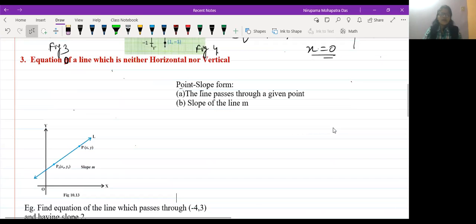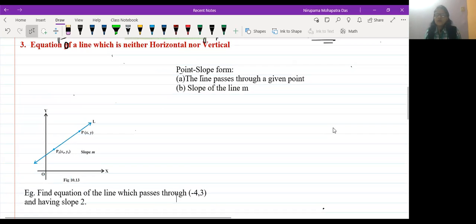Now next, if the line is neither horizontal nor vertical, it means the position of the line is like this: it makes an angle with the x-axis which is neither 0, nor 90 degrees, nor 180 degrees. Okay, so let's consider these cases.